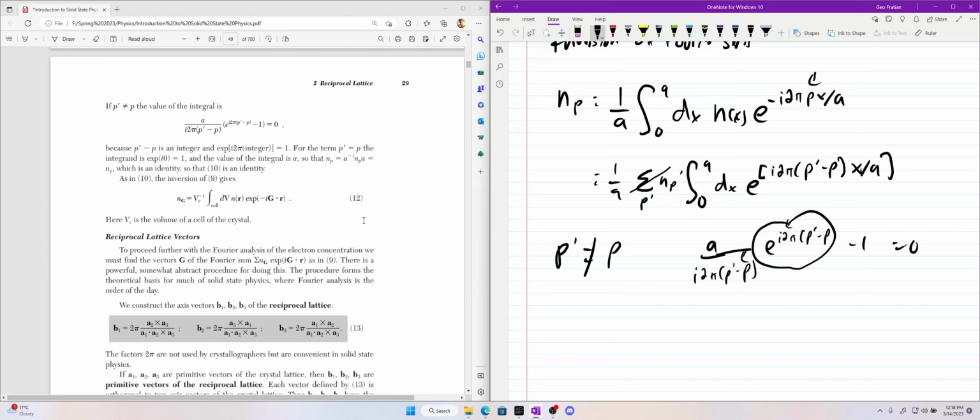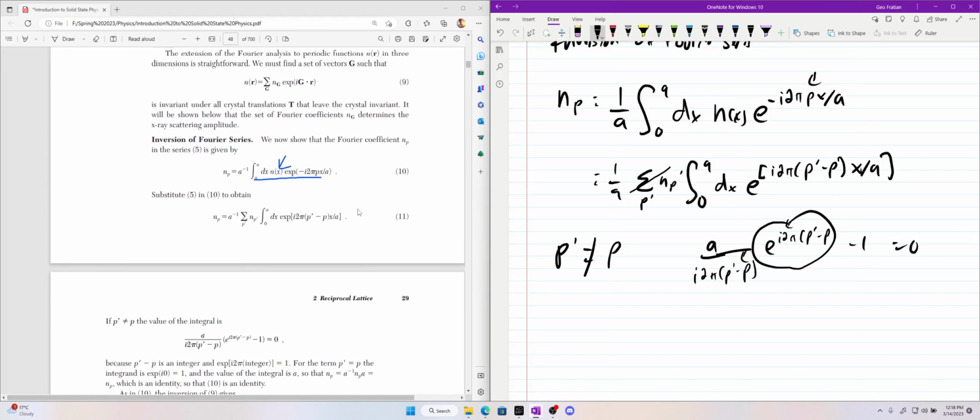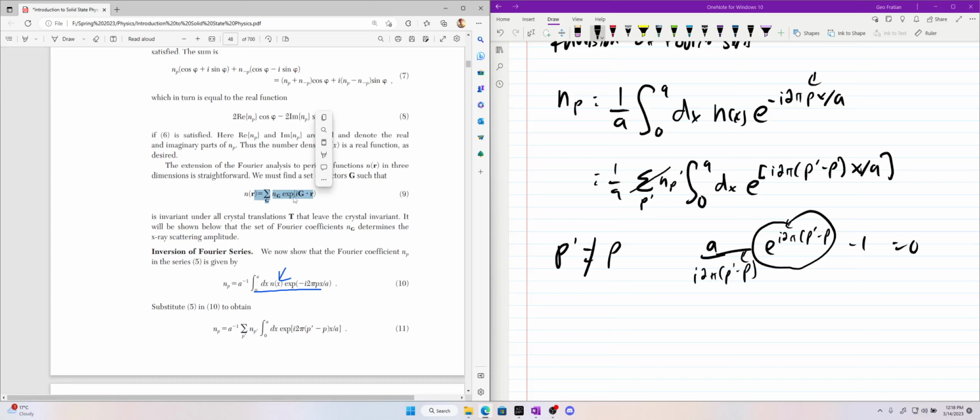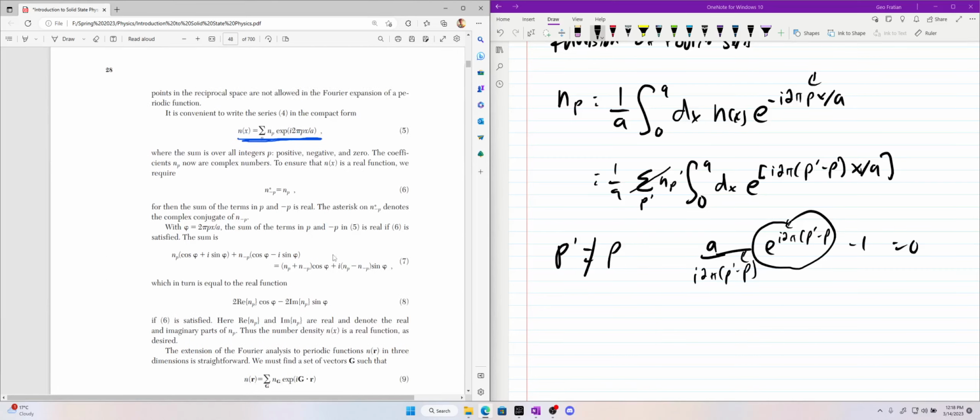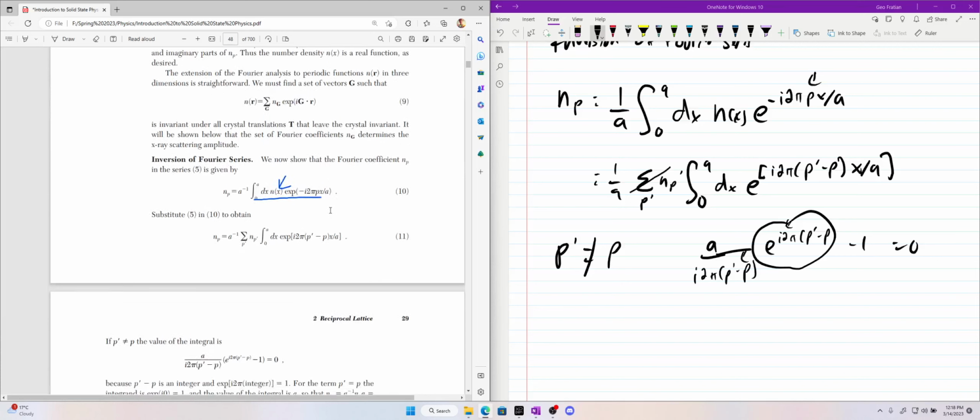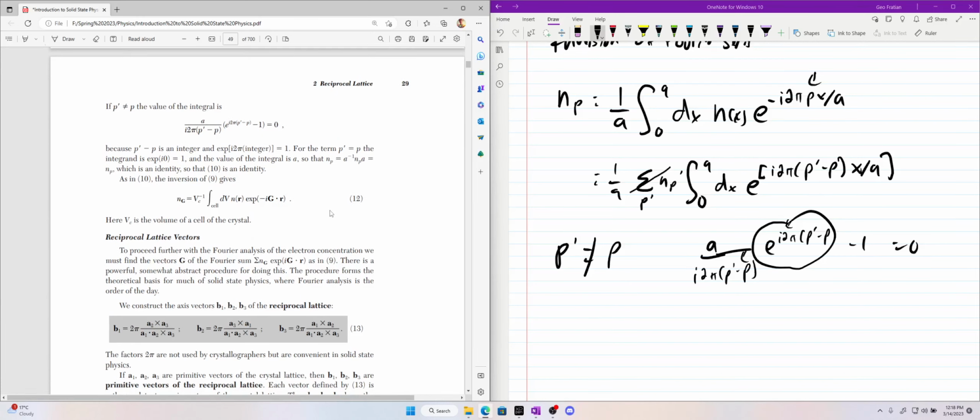And then as for 10, this expression right here, we can basically give the inversion of 9. So the inversion of 9 was our more complicated three-dimensional version of 5. Equation 5 was the N_P's. So then we can say that N of G, the coefficient G, is instead of 1 over A, now we have 1 over the volume of the cell times the integral over the cell dV.